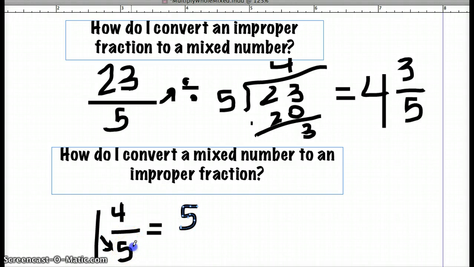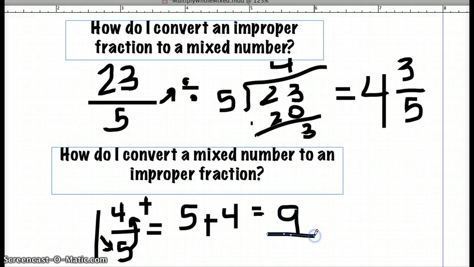Then we add the numerator to it. We add 4 plus 5, and we get 9. And we keep the denominator as is.